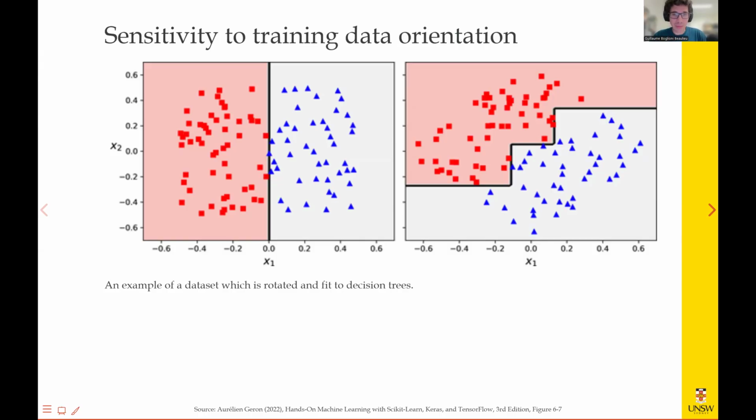So in this simple example on the left, if your data is like a square like that, and all the red are on the left and all the blue triangles on the right, a tree with a single split will perform extremely well. This data, if you rotate it, and now your square is a diamond, it's going to take you way more splits, at least one more in this example, to get to the same very good fit. Okay, but that's really more of a side note that I leave you with to ponder or not.